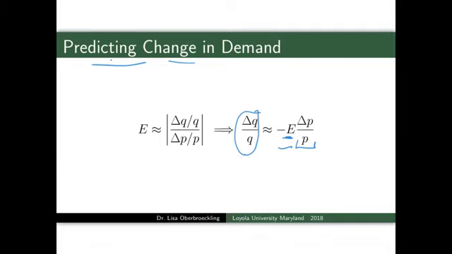So for these problems, we have to make sure, is our change in price positive or negative? If we are decreasing our price, so if we're having a sale, this would be negative, making the whole thing positive, and we expect our quantity to increase.